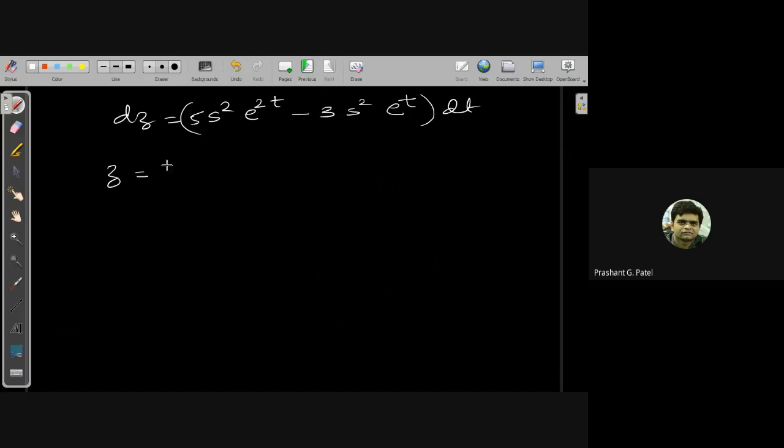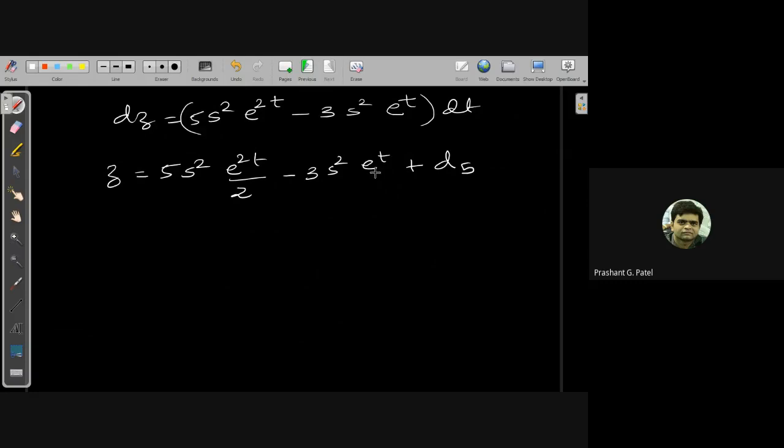If you integrate this, it is 5 s square e power 2t upon 2 minus 3 s square e power t plus some constant d5 or d6, whatever the number is for the constant.